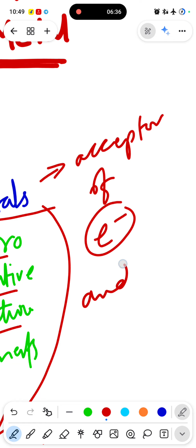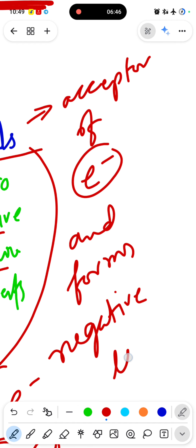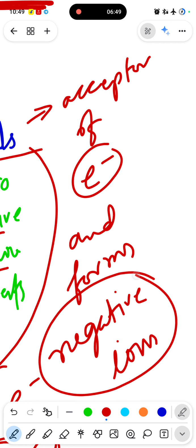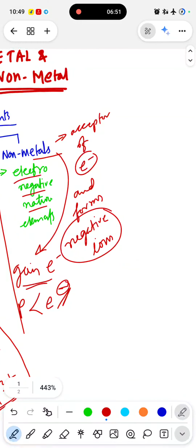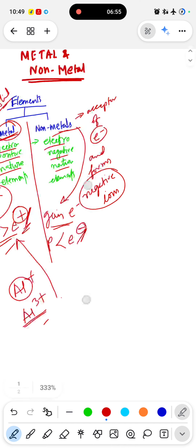What do they form? They form negative ions. Metals form positive ions, and non-metals form negative ions.